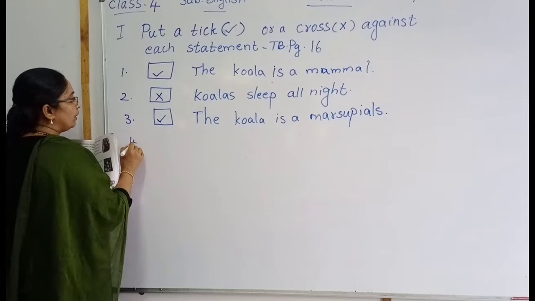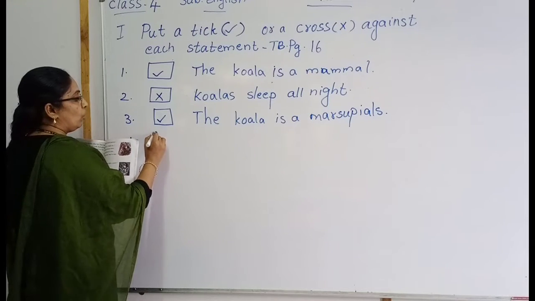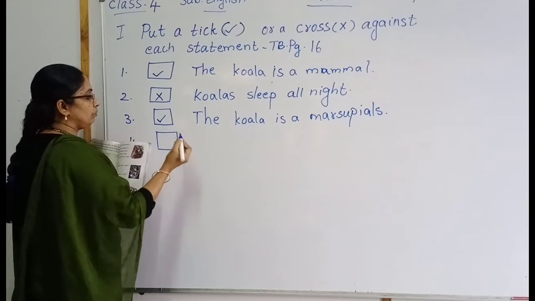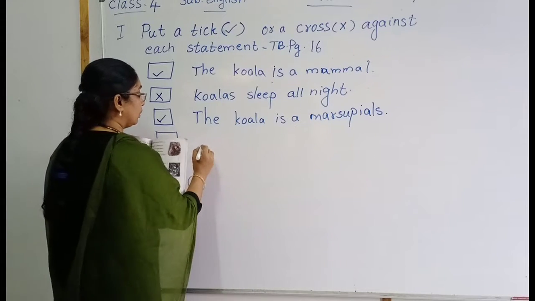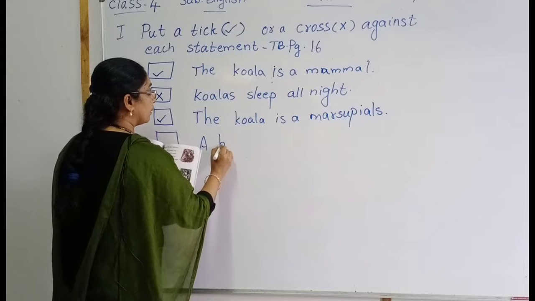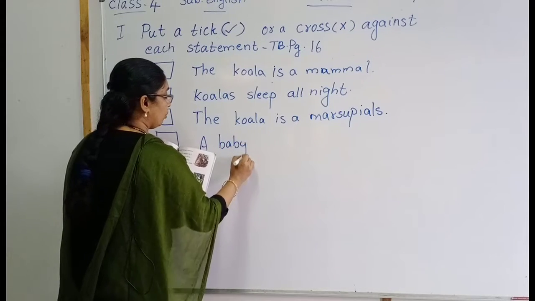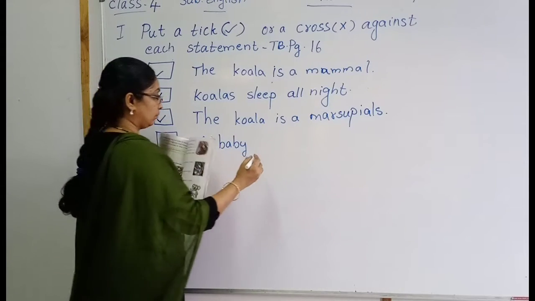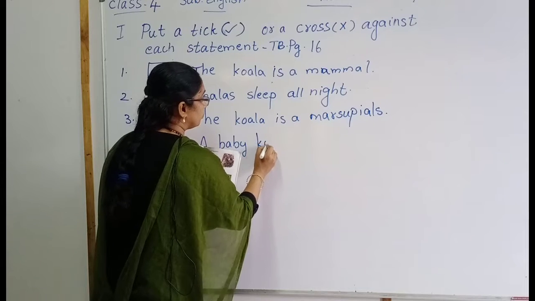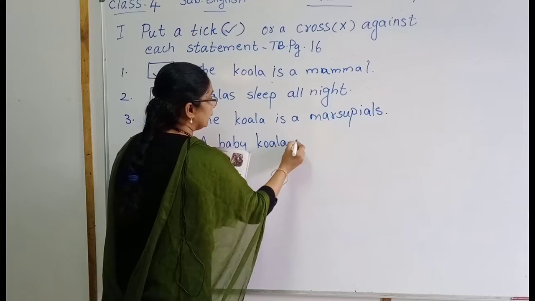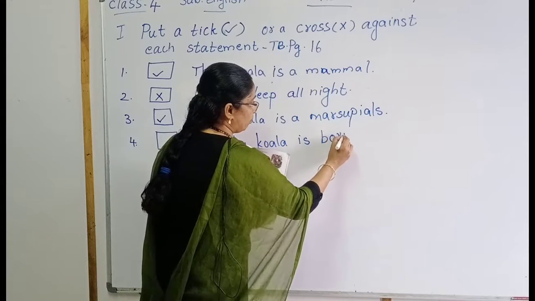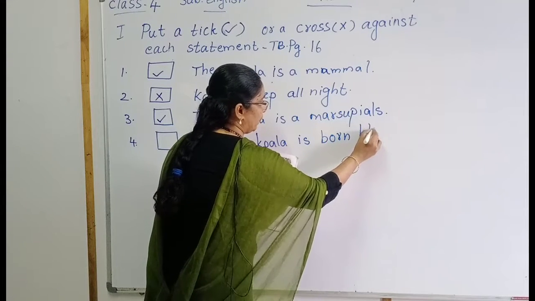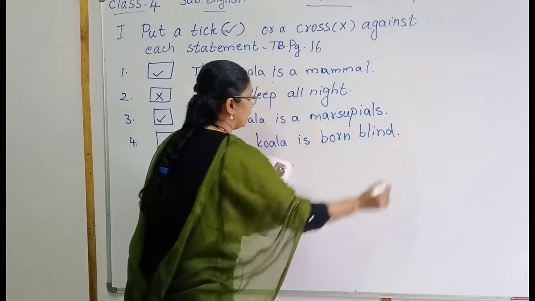Okay. Then number 4, column. The statement is a baby koala is born blind, B-L-I-N-D, blind.